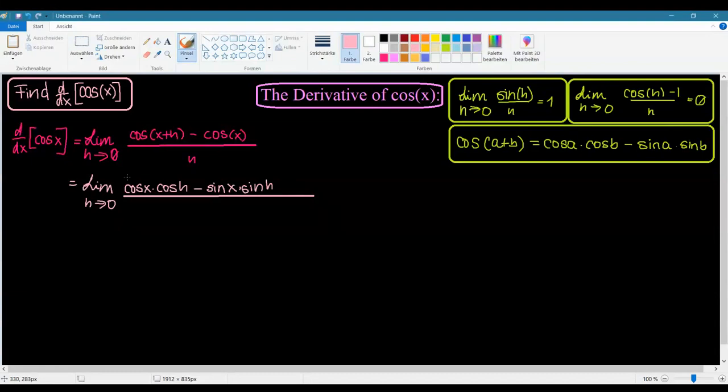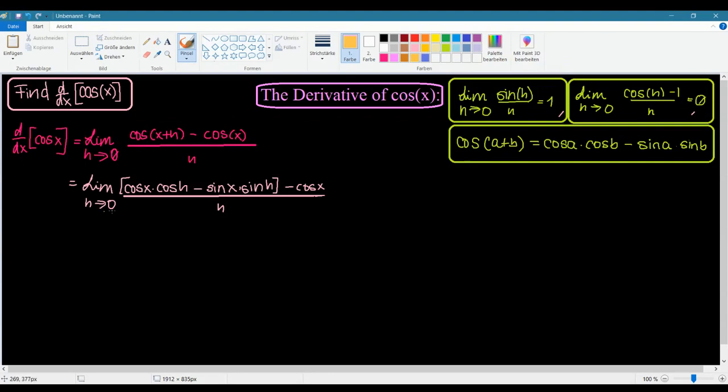And all of that belongs together, minus cosine x, all over h. Okay, well now we can start to rewrite things, right? Because what we're going to try to do is rearrange it so we can find these, so that we can eliminate things, and so that we can find our negative sine x.